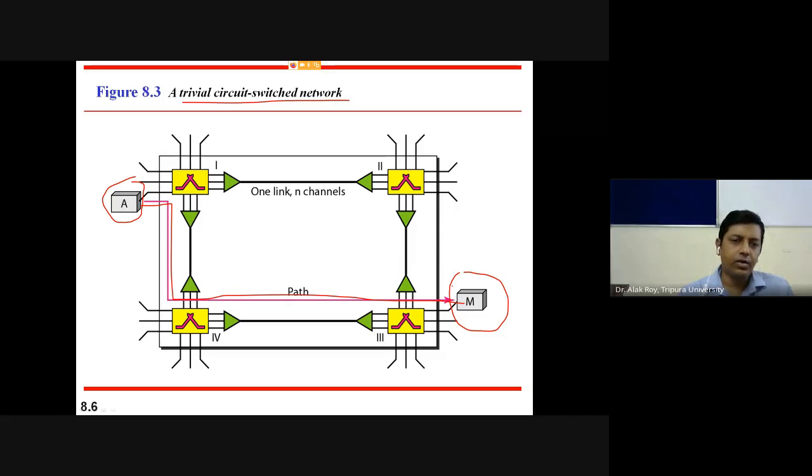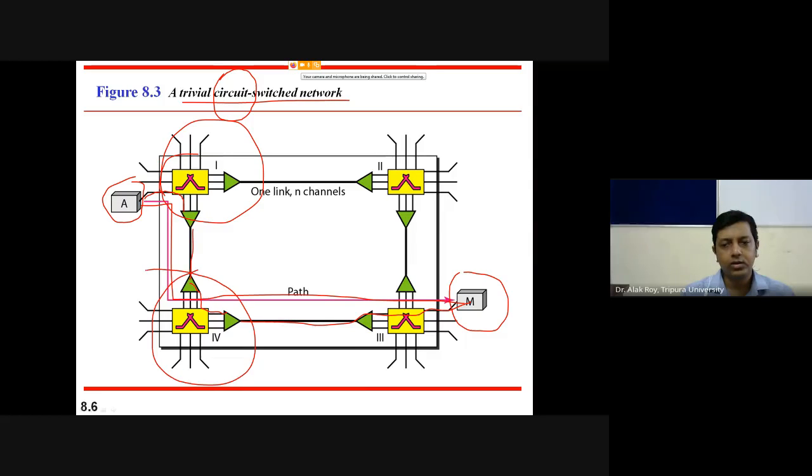For that, internal circuits will be followed via the red colored line you can see in my animation. Any path selected between this and then traveling will be via this. So there will be a kind of circuit through switch 1 to switch 4 to switch 3. That's why it is known as circuit switch network.